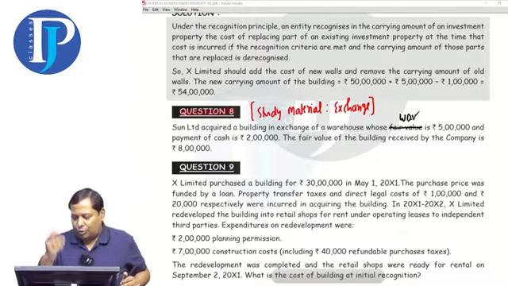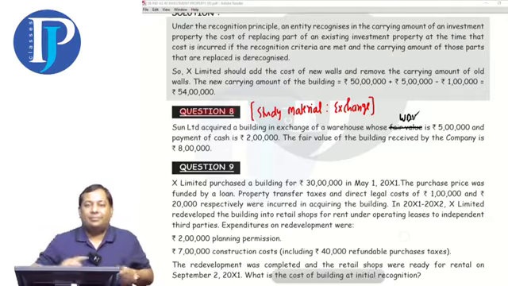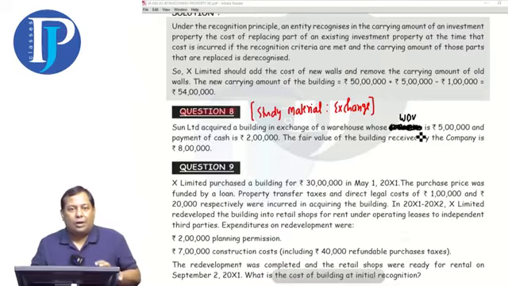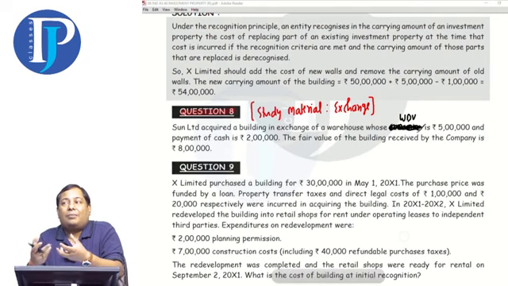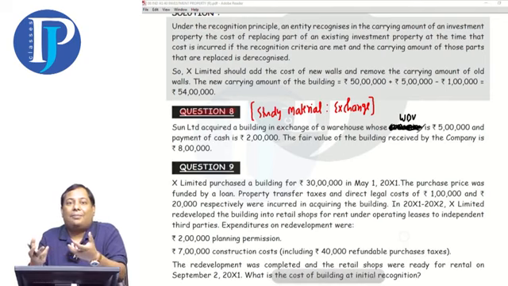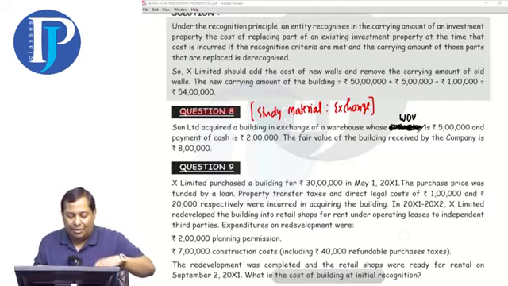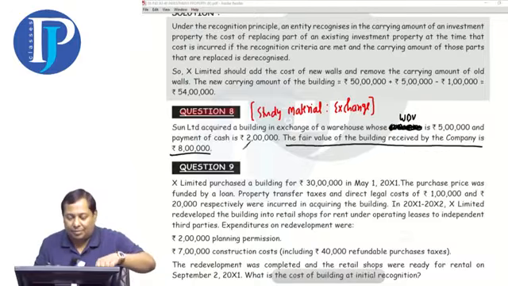I have removed the fair value of given up and replaced fair value with WDV. So the concept of fair value for the given up asset is gone. When the concept of fair value of given up asset is gone, it becomes taken up asset. Now this is case 1, okay? And in case 1, we take the value of taken up. So this is 8 lakhs.